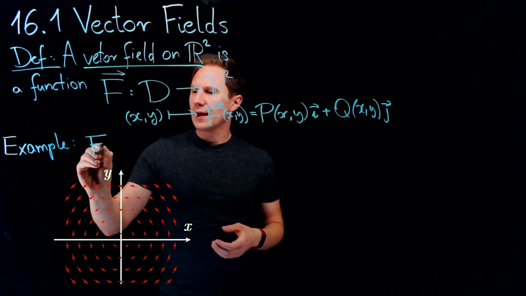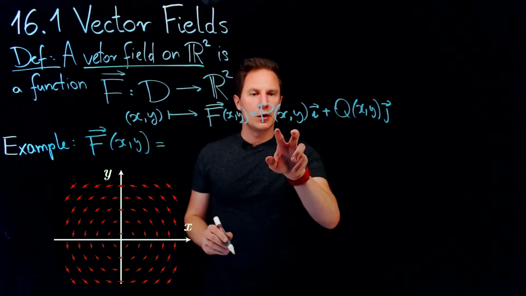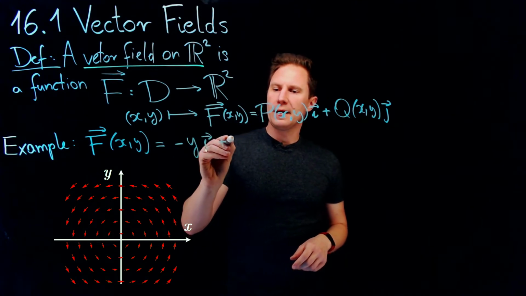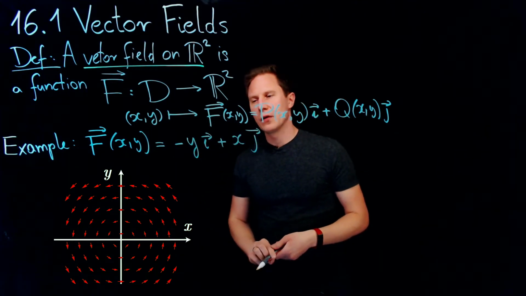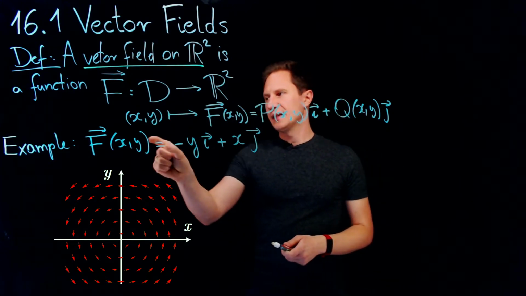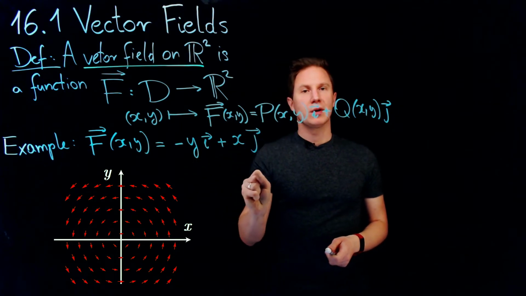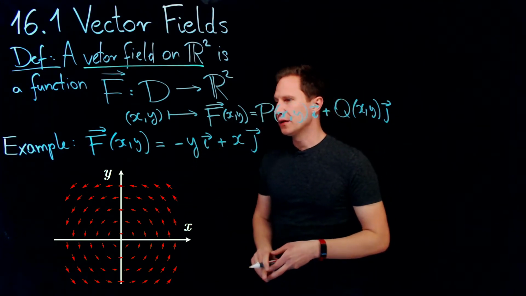F of x and y will have components minus y and x. So if you assign to the point with coordinates x and y the vector minus y i plus x j, you will get this vector field.